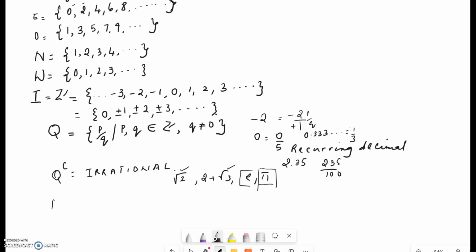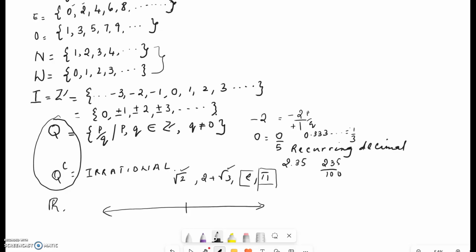Now the set of real numbers, the graph of which would be the number line, includes both the rationals and the irrationals. And of course any of these natural numbers or whole numbers or integers are rational, so everything is included.